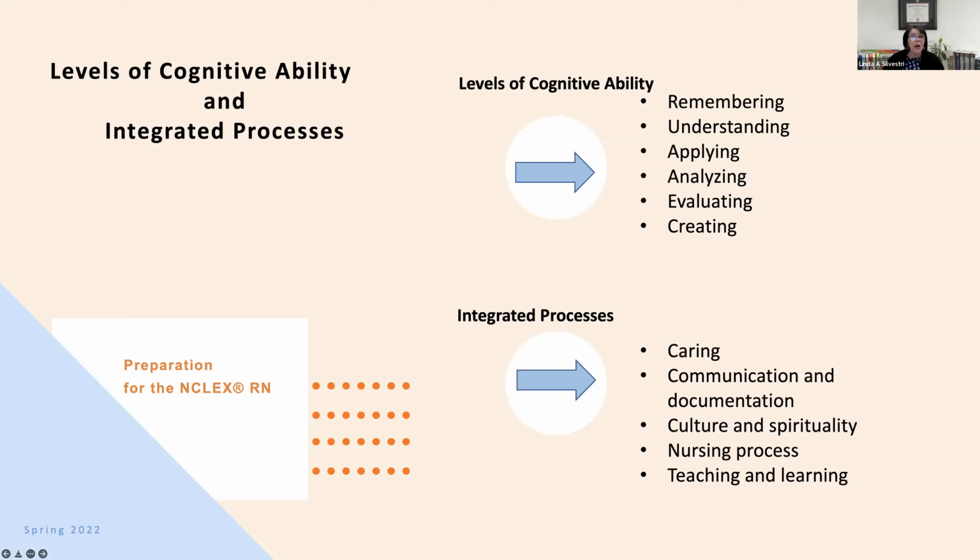That's a remembering question because you'll remember what the normal values are. An understanding question might be something like, the client's blood glucose level is 250. What does this mean? And your answers might be high, low, normal, or insignificant. That's an understanding question. You won't see that.